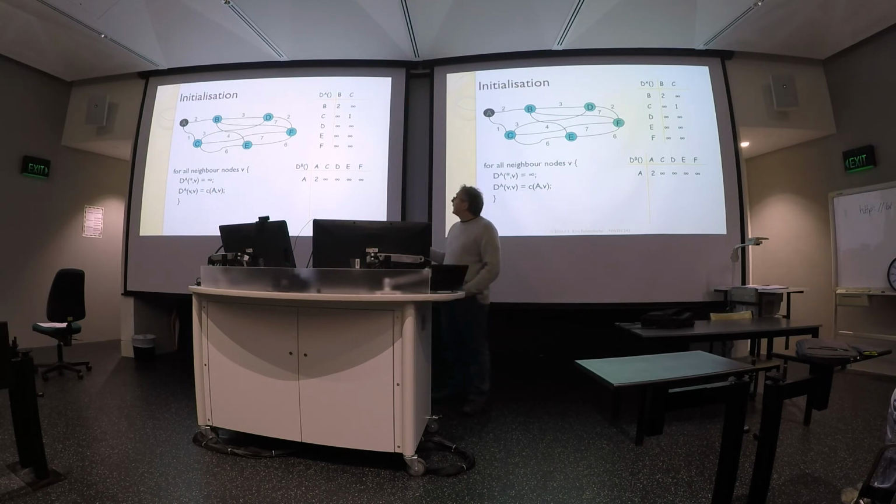Okay, I made a mistake. That should be B. No, it's DB in the top. Okay, sorry. Yes, sorry. Considering I wrote this this morning, you'd think I had a clue, wouldn't you? Okay, so the table for B, it needs to get to A, it goes via A, cost 2. So what's the next line for C?